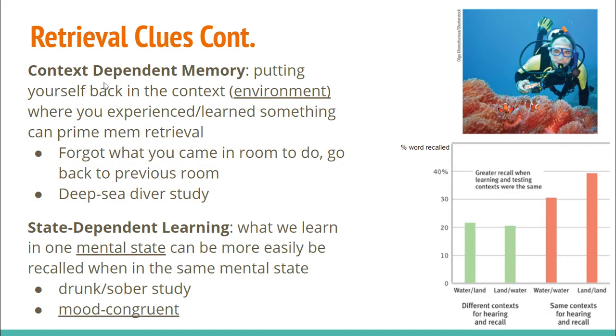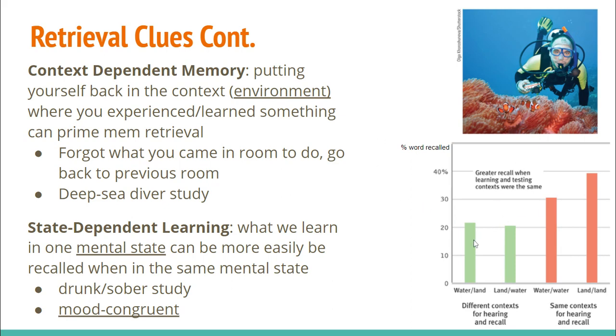That leads to some really interesting things like state dependent and context dependent memory. Context dependent meaning that you will more effectively be able to retrieve information if you're in the same environment where you learned it. They did a study with deep sea divers, literally scuba divers, and they had them learn information there, and then they tested them either on land or underwater. And those that were tested underwater, in the same context, did better, right?